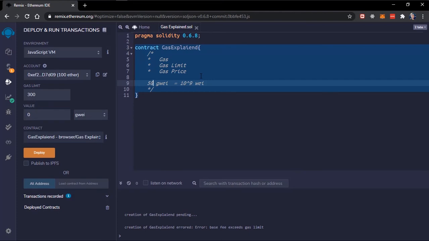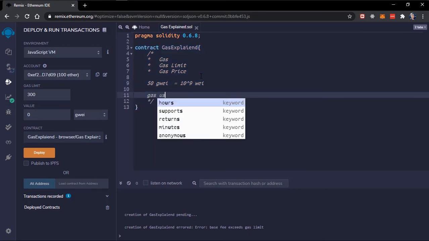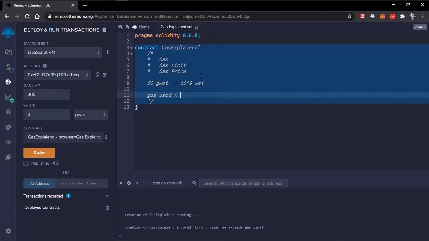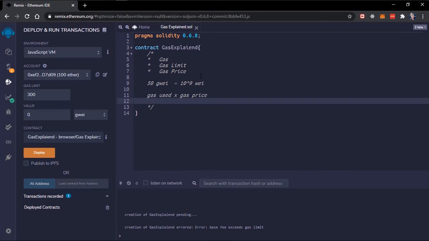The formula for transaction fee or miner's fee is the gas used times the gas price. So let's say we have a function that charges us 100 gas. Maybe we modify the state of a variable and the charge for that operation is 100 gas.